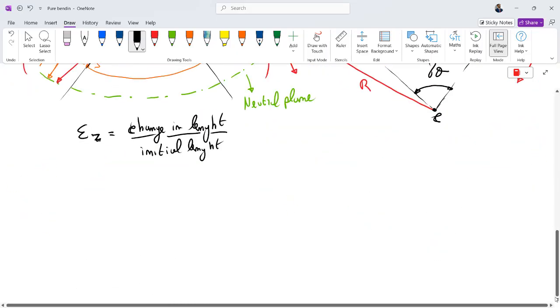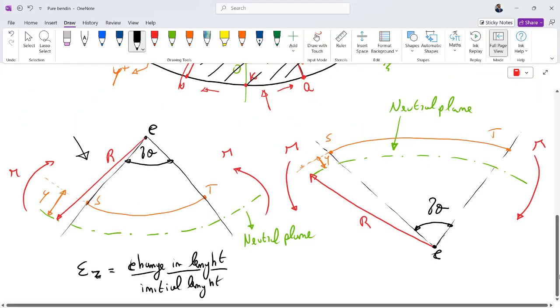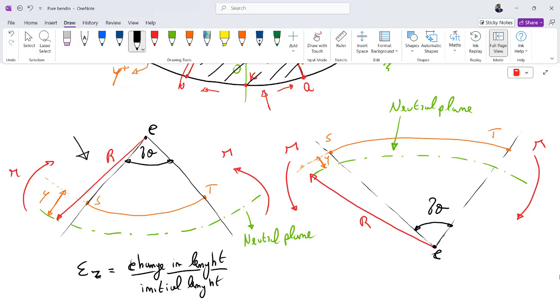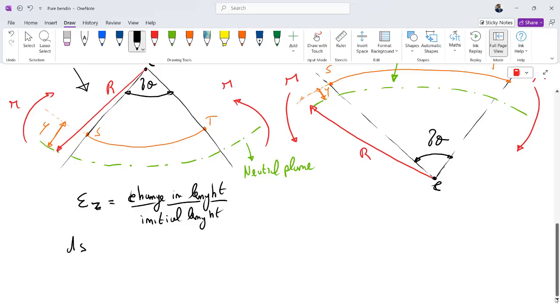In this case, what is our change in length? First, we must derive the length of this fiber ST. How can we derive this length? We can remember that when I have a small angle, d theta, and a certain radius r, I can express ds, the length of a general arc, as equal to radius r times d theta, or delta theta.